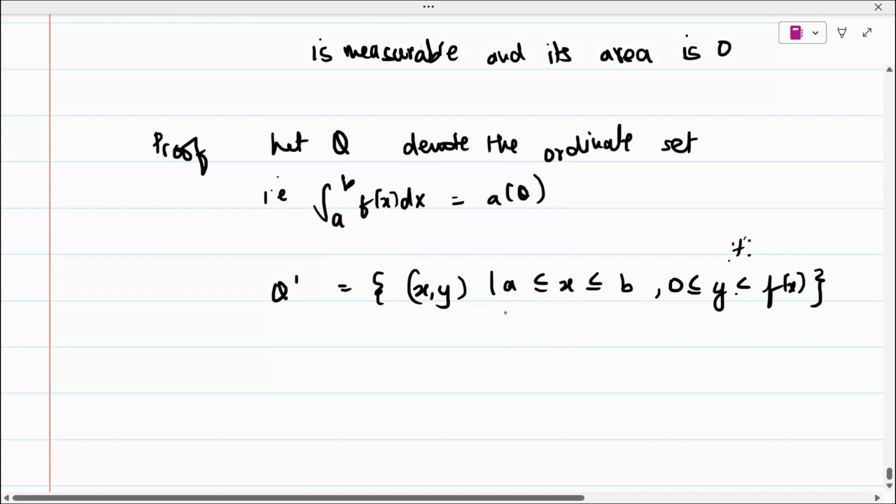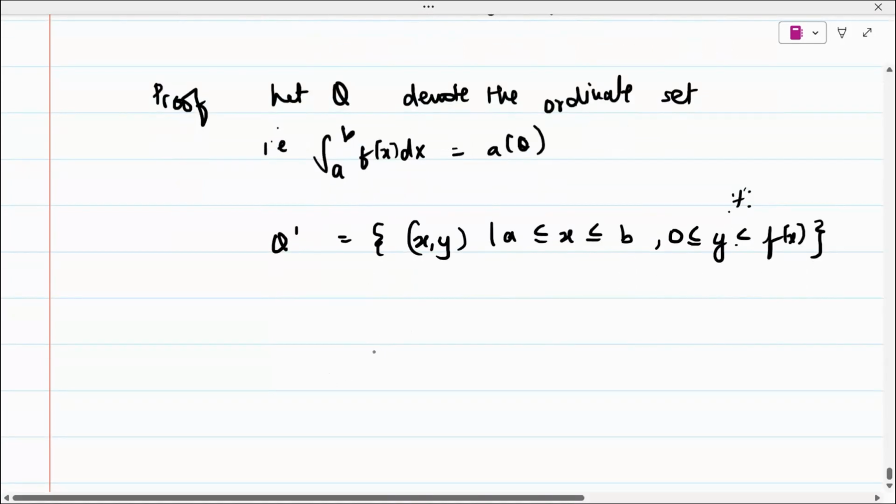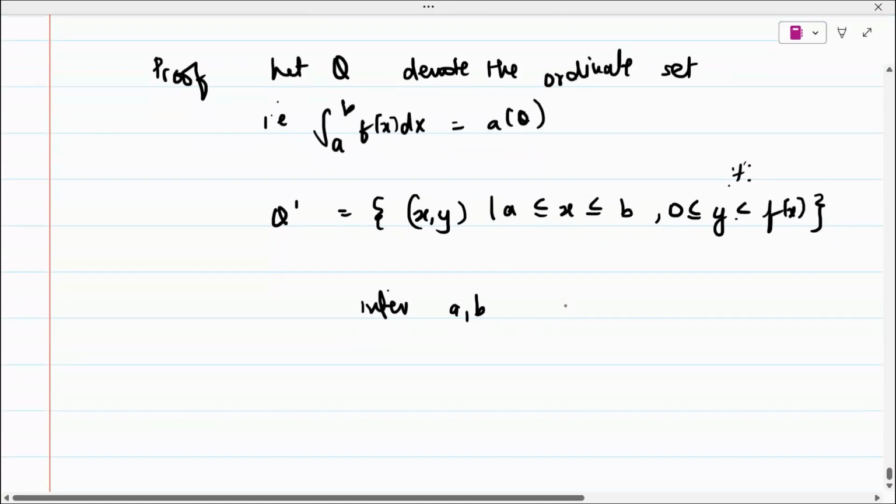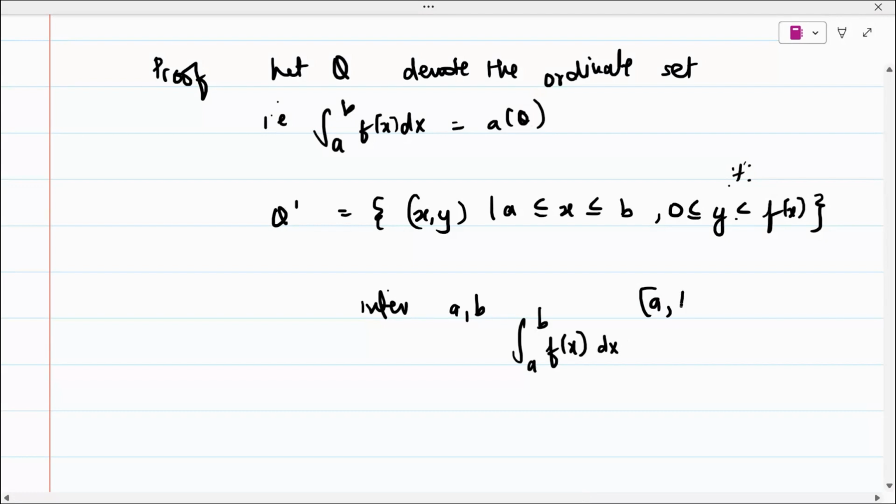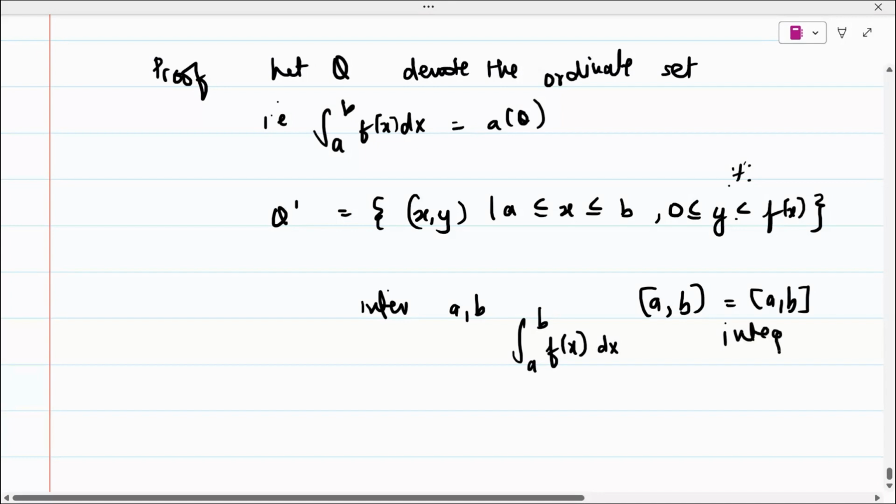Now, what's the area of Q dash? You can just say on the interval a to b we integrate, because that is equal to this when integrating the limit.